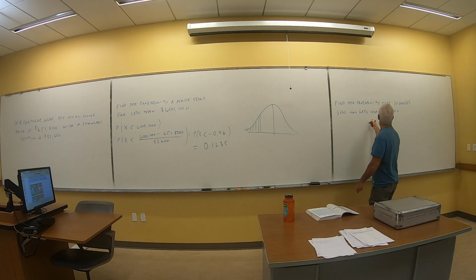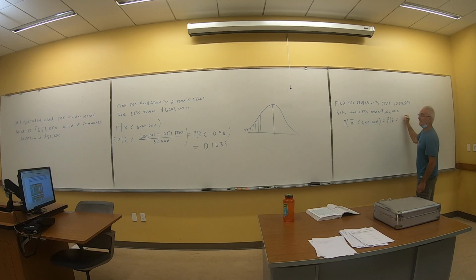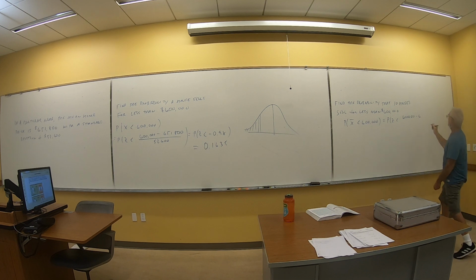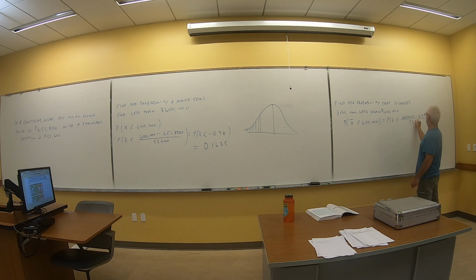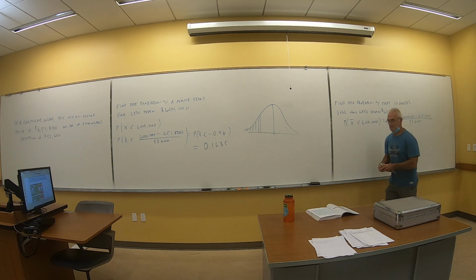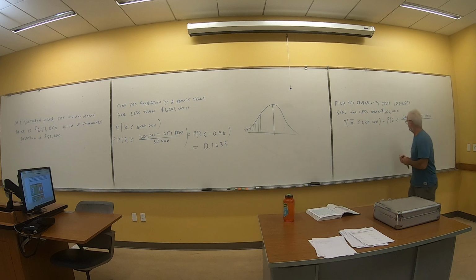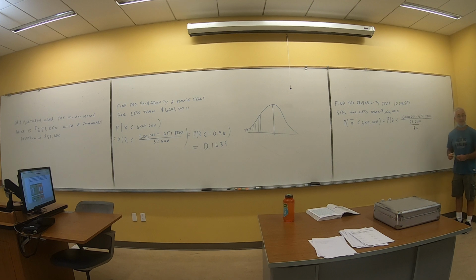So what's the difference in this? We do the same thing. The probability, this time it's X bar is less than 600,000, is equal to the probability that Z is less than 600,000 minus 651,800 over, everything looks exactly the same, except there's a root 10 now.